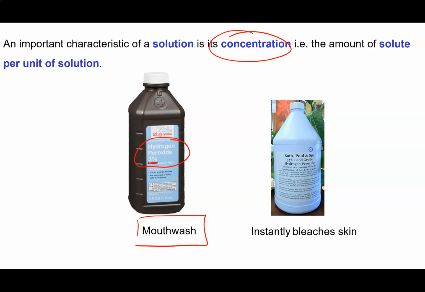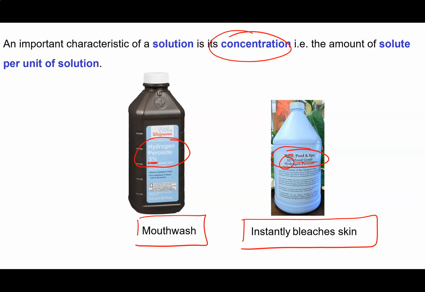Hydrogen peroxide is also used in a whole bunch of industrial processes. This is for the cleaning of baths, pools, and spas. It says it's food grade, which is kind of weird, but this is at a much greater concentration, and you certainly wouldn't want this anywhere near your skin, or definitely not in your mouth. It would cause instant bleaching of your skin, and it causes pretty nasty blisters.